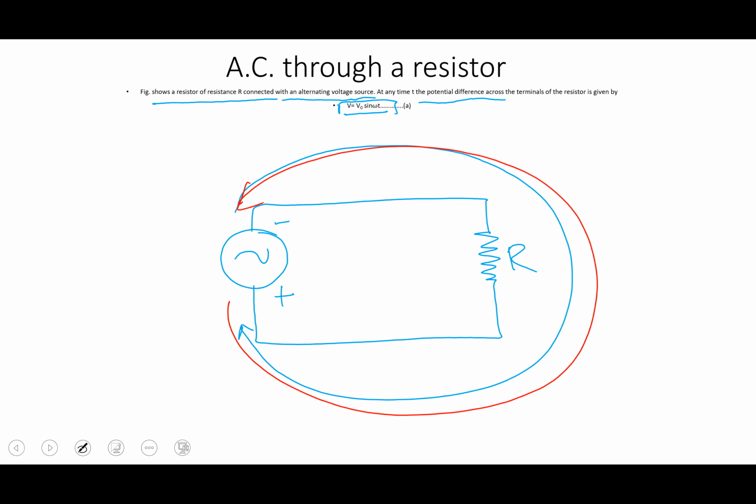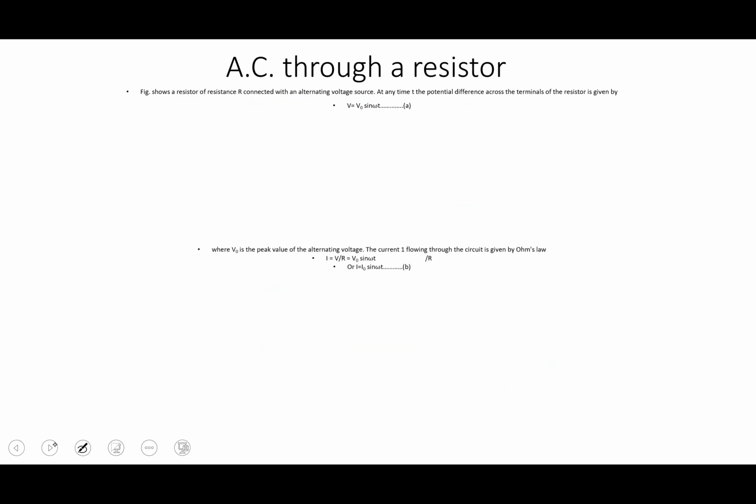So the direction of the current is changing, and the polarity is also changing sinusoidally, which we can represent over here. In the same way, the voltage increases and decreases along the time, like a sine function. In this graphic representation of voltage, here it is V naught, there is 0 volts here, and it is negative V naught here.